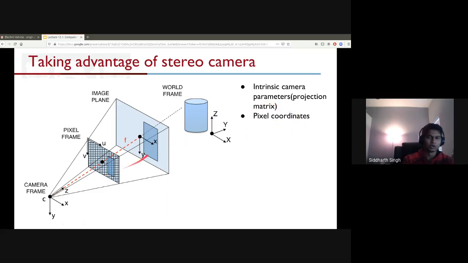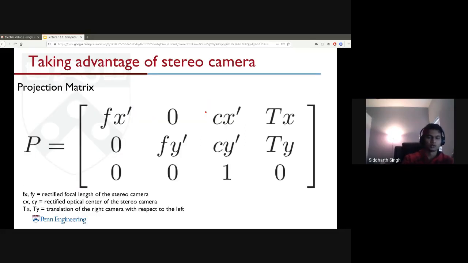Now if I know that, I can project this pixel back somewhere in this point, which has the x and y. And if I have the x and y coordinates of this point in the image plane at a distance z, I know the angle of this red ray, which I know for sure will extend and pass through the real world coordinate, right?